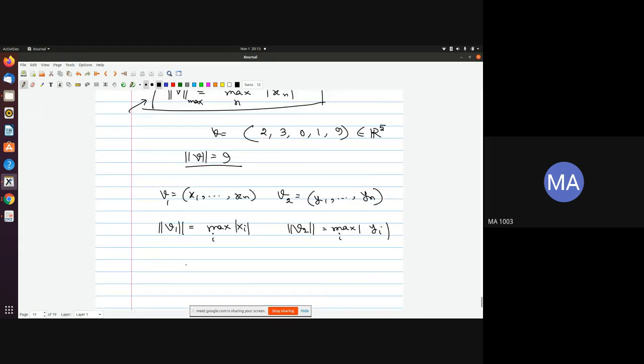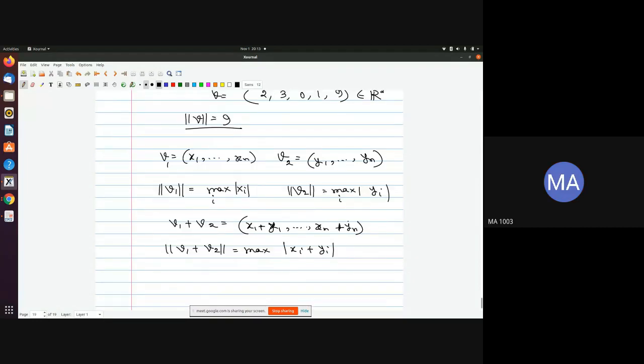And what is v1 plus v2? x1 plus y1 till xn plus yn. So what is the norm of v1 plus v2? The maximum of xi plus yi.